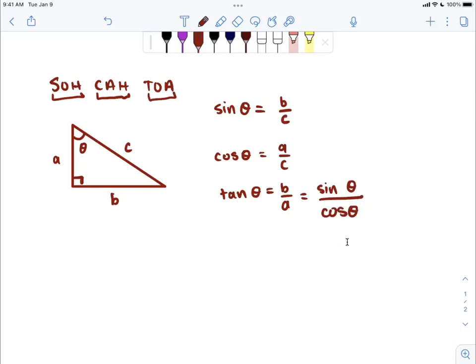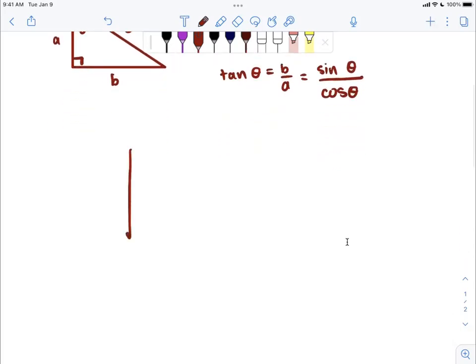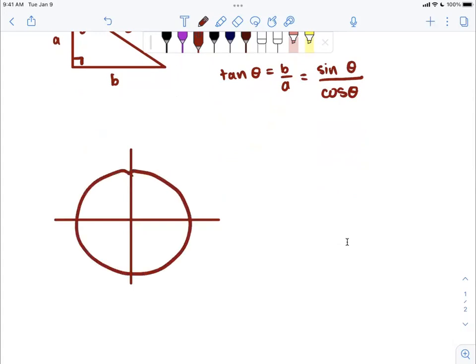Another way you can think about these is using a unit circle. So if I have a circle of radius 1 centered at the origin, and then we have any angle, and this works even if theta is greater than 90 degrees. So say this angle here is theta.